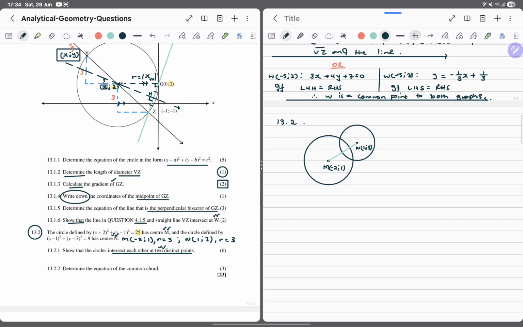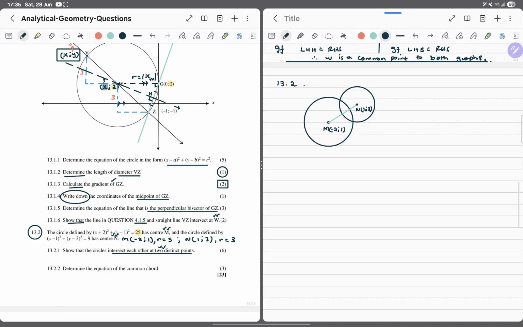So all we need to do is to calculate that distance between the centers and calculate the sum of the radii as well as the difference of the radii. If that distance falls between the difference of the radii and the sum of the radii, it tells us that those two circles will intersect at 2 distinct points. It's a very naughty question, but one that we can handle.